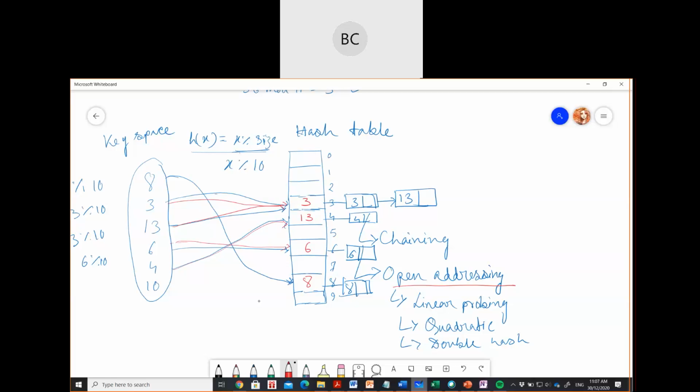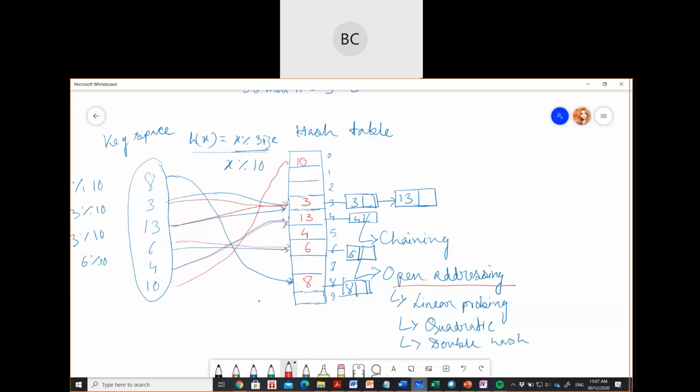So I'll store the value in the next empty space in the hash table. Instead of 4, I will store it at the next index, which is 5. For 10, it will just go here. This is open addressing: whatever open space is available, we store the value there.